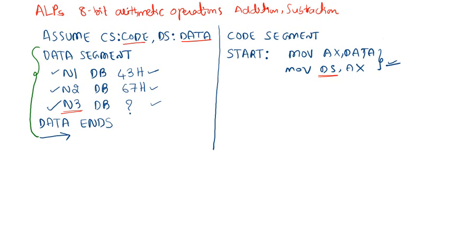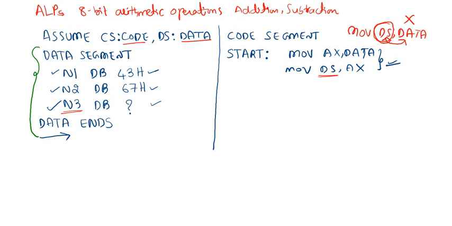So why are we not using mov ds, data? Because the move operation does not work for memory to memory. If I write mov ds, data, this is invalid, because we are trying to move from memory to memory, which is not valid, and you cannot load the segment registers directly.